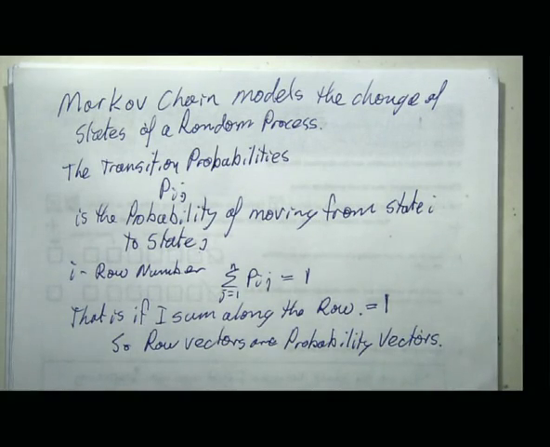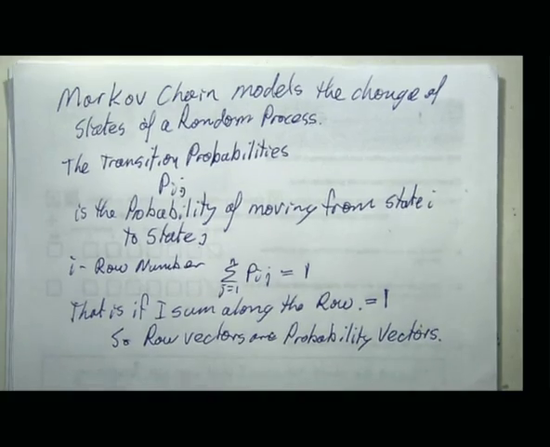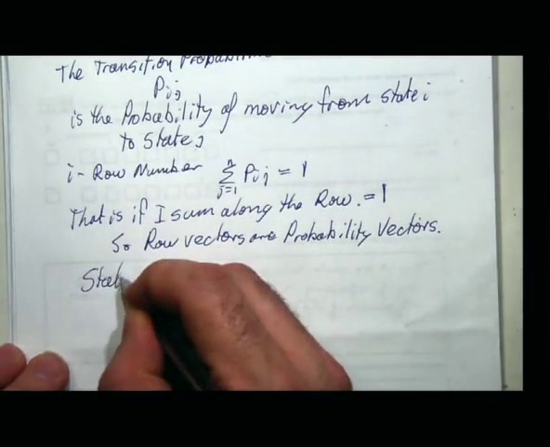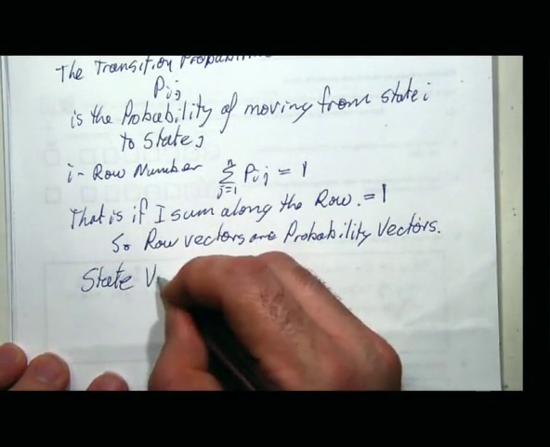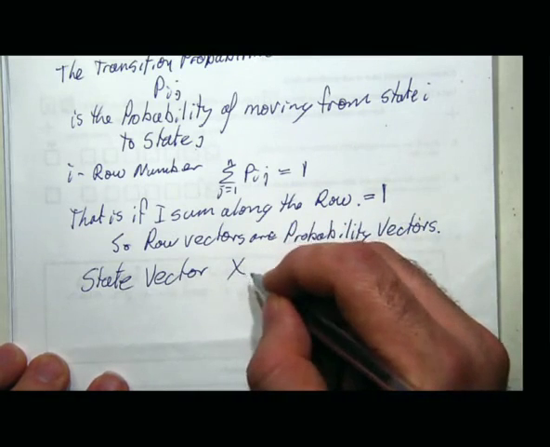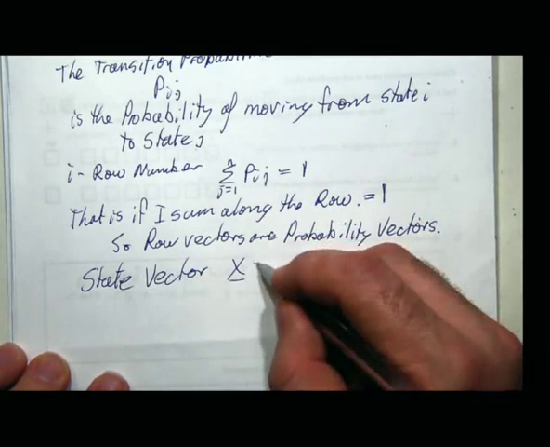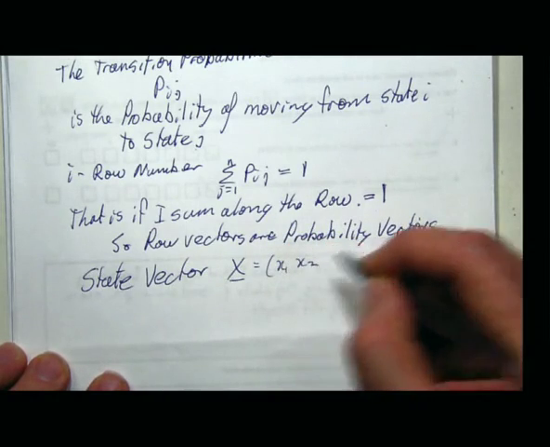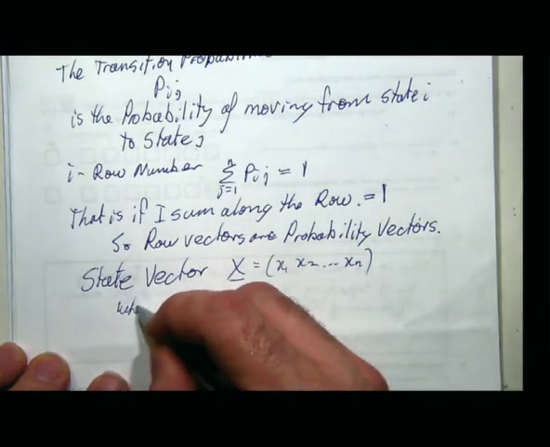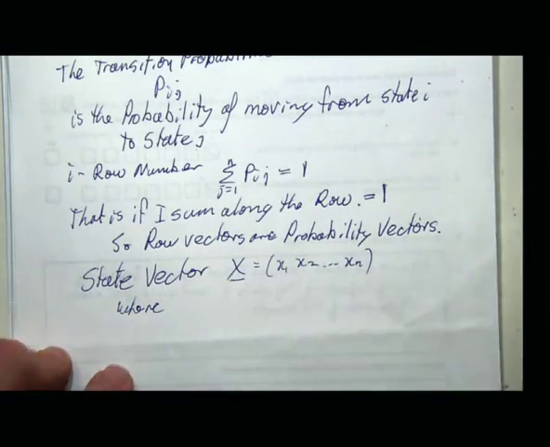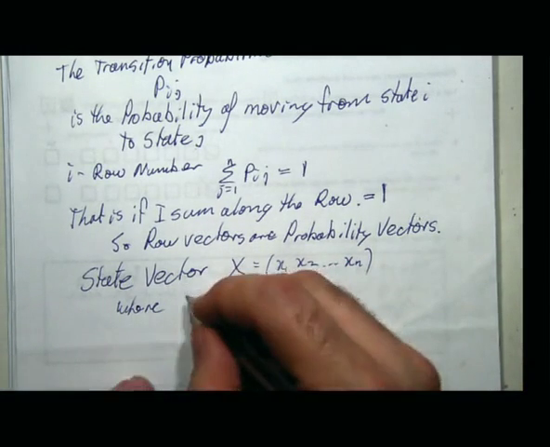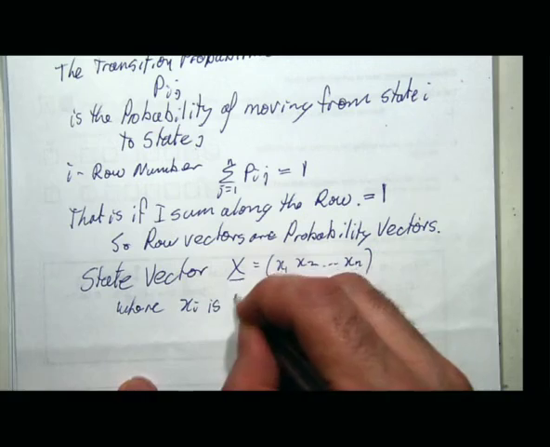So what this means is if I have a state vector, each of these numbers xi represents the probability or the proportion in a particular state.